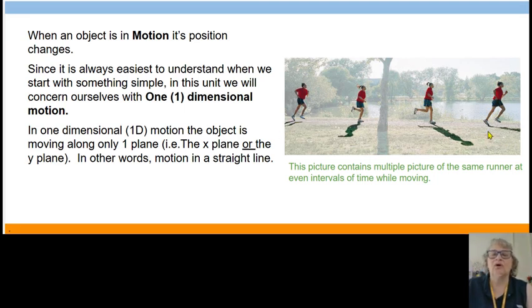Or you're moving straight up or straight down. In this case, you're only interacting with one plane. So if we think of it in math terms, it's in a straight line. You're not zigzagging or any of that kind of stuff.